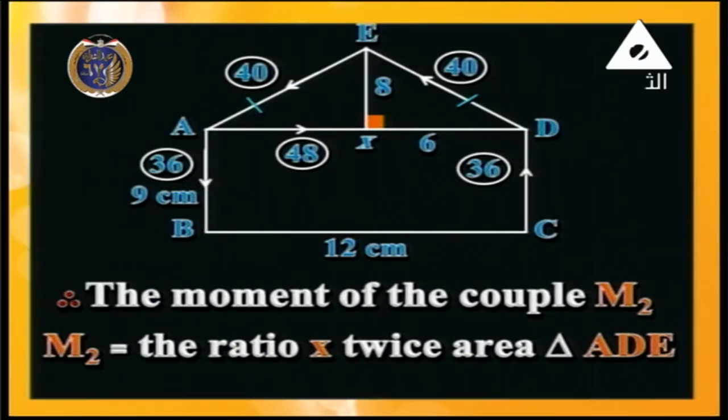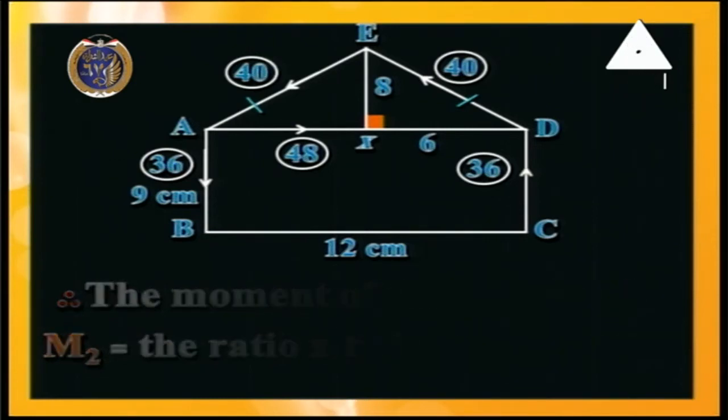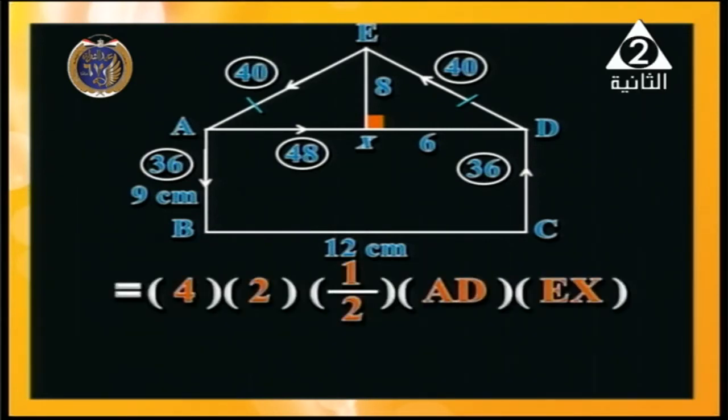The ratio equals 4. Area of triangle is half base times height, times 2. Therefore, the answer is 4 times 2 times half AD times EX.